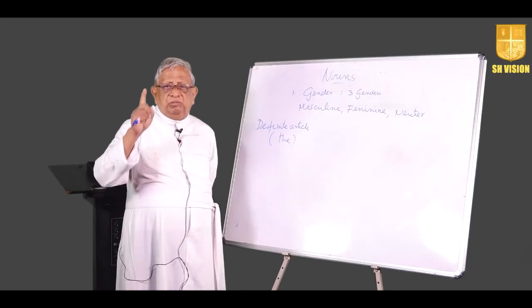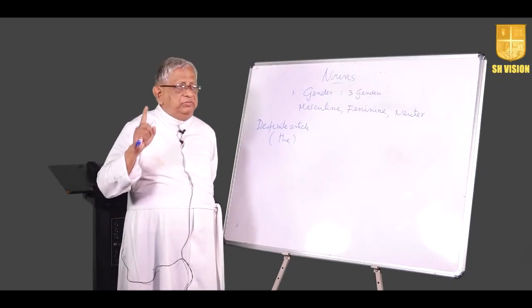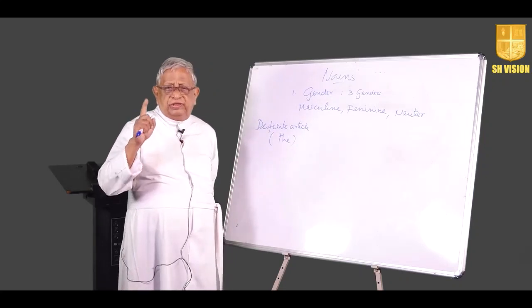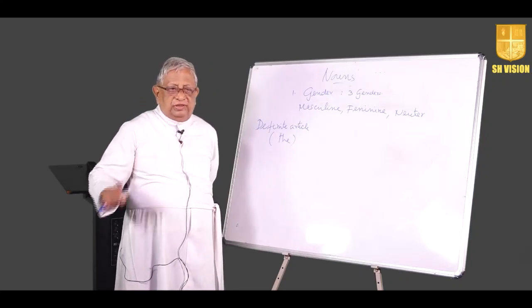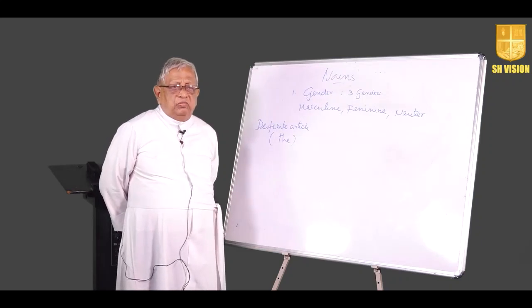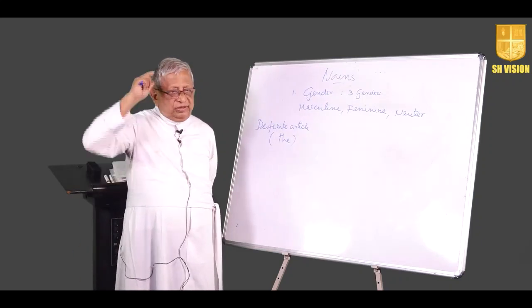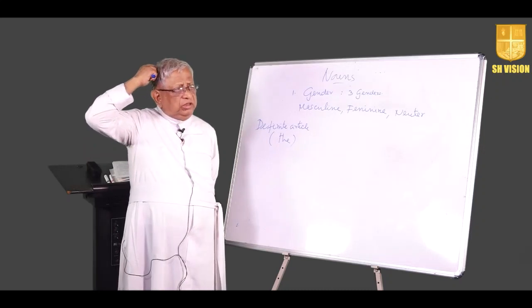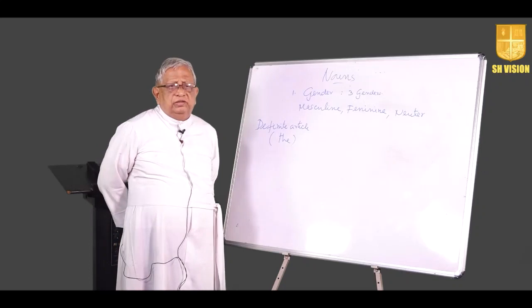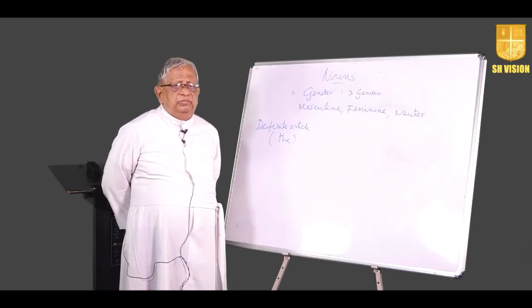Every noun, remember this, every noun you have to learn with the definite article. You say the noun only with the definite article. So there is no comparison between English and German.